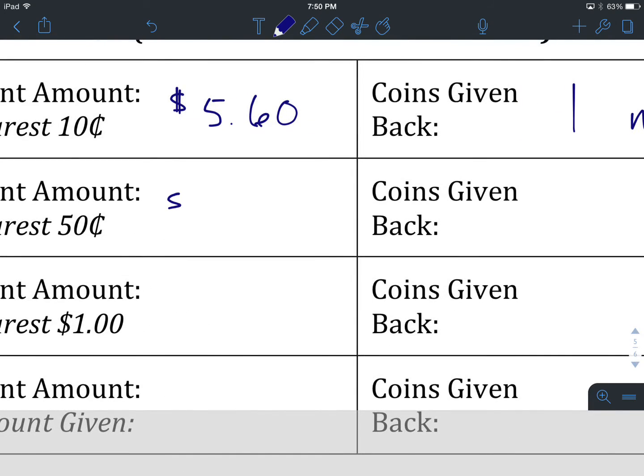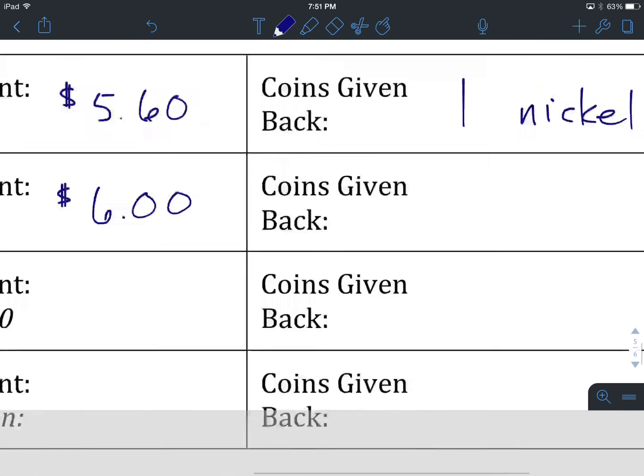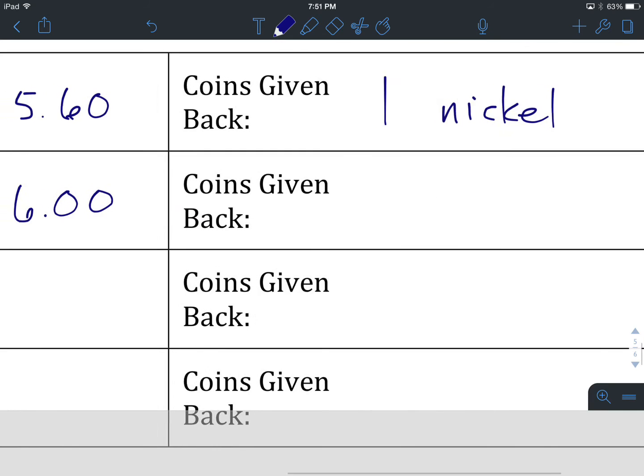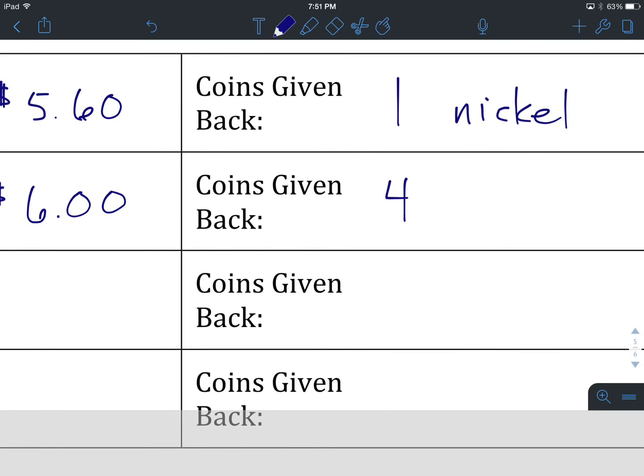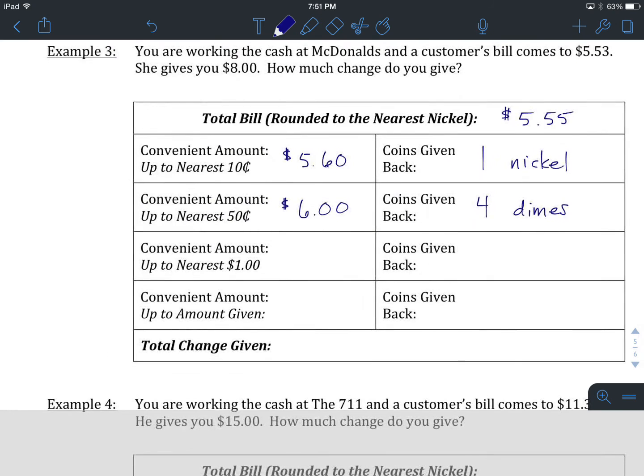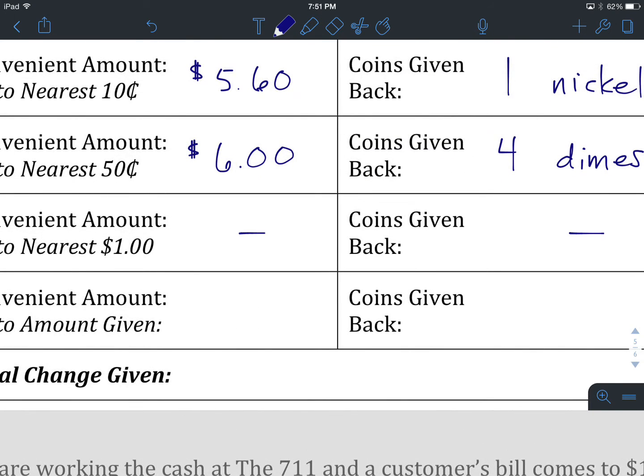Next, we are going to move up to the most convenient amount at 50 cents. That's going to take us up to $6. Coins given back then, getting from $5.60 to $6, 4 dimes. The convenient dollar amount, we are already there, which requires no coins.